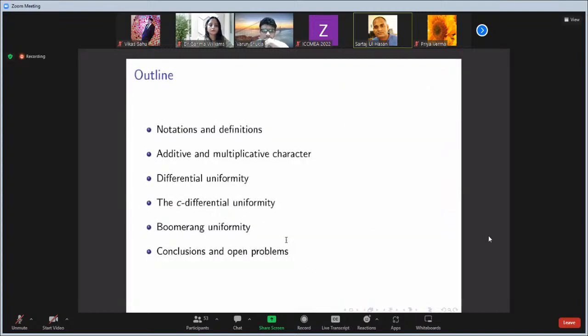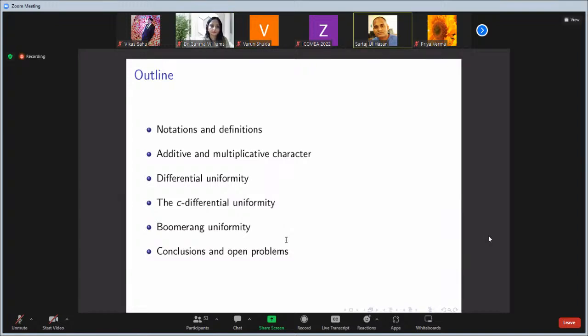So here is the outline of my talk. I'll begin with the notations and some definitions. It's going to be a mathematical talk. And then I'll talk about what are additive and multiplicative characters.